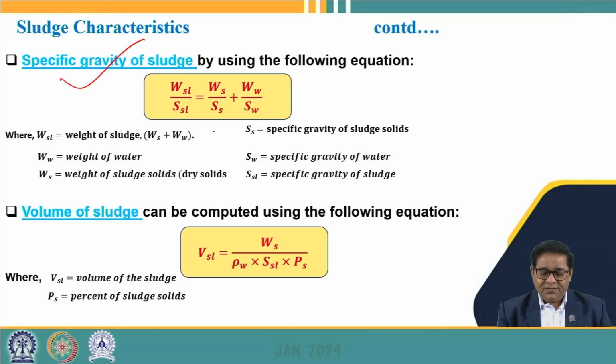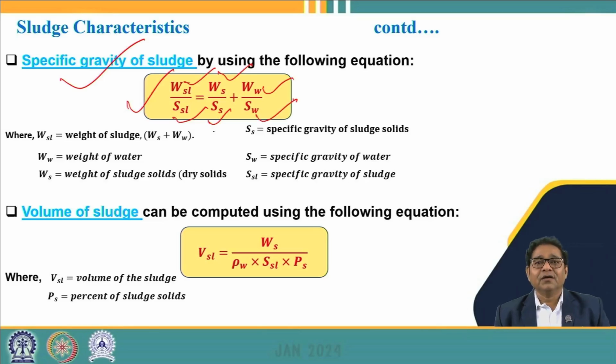This is basically the weight of the sludge divided by the specific gravity of the sludge, which is equal to the weight of the solids divided by the specific gravity of the solids plus the weight of the water divided by the specific gravity of the water. So these relations are most commonly used.